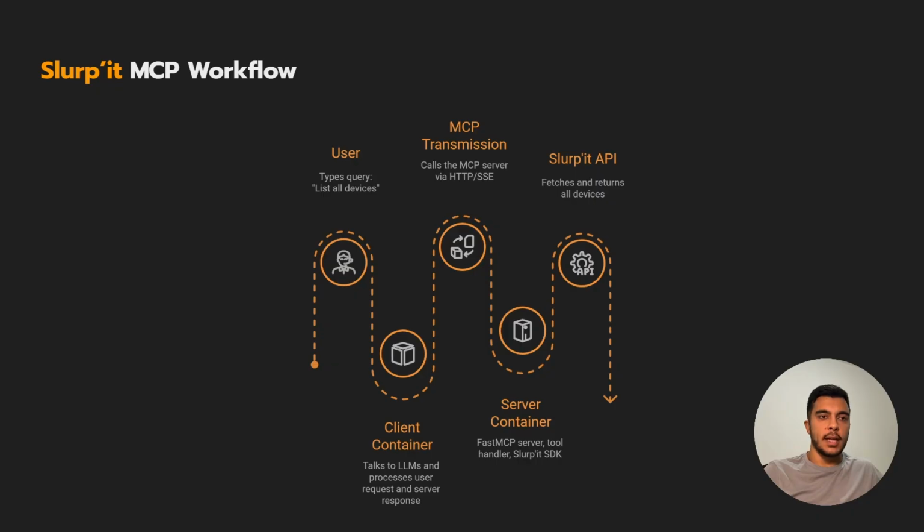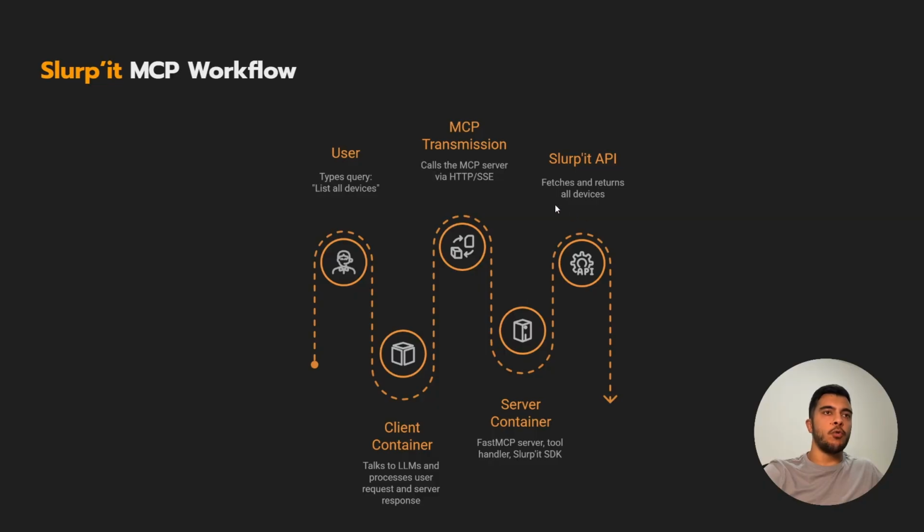You're going to see the tools in the lab, and it is basically containing the Slurp'it SDK as well, which is actually going to call the Slurp'it APIs through the tools and the endpoints that it is provided with. And our MCP server, the server container, is written in fastMCP, which is a Python package.